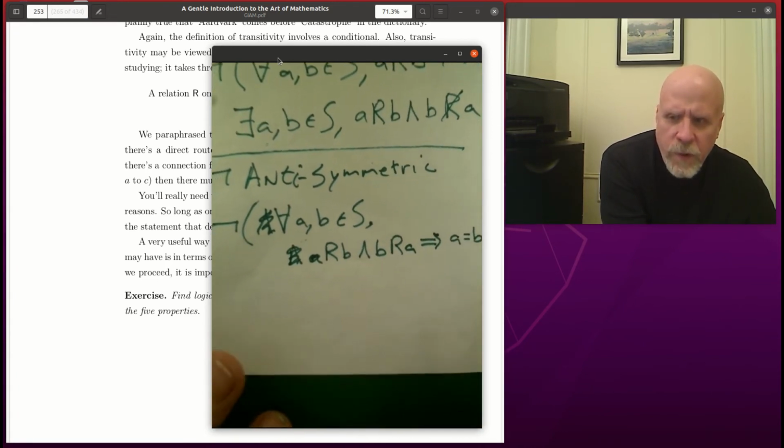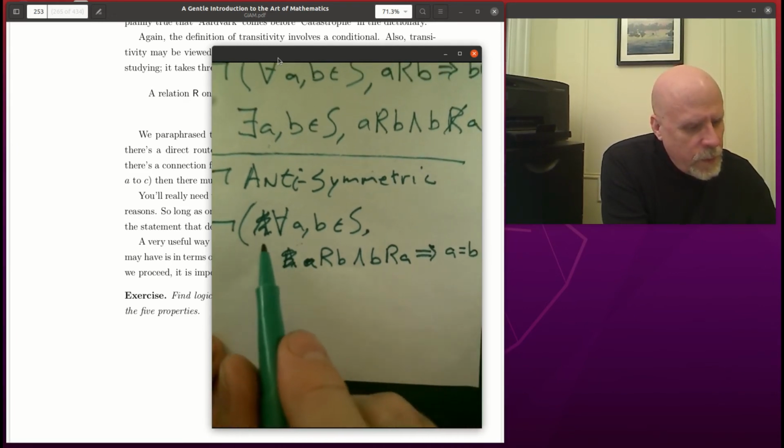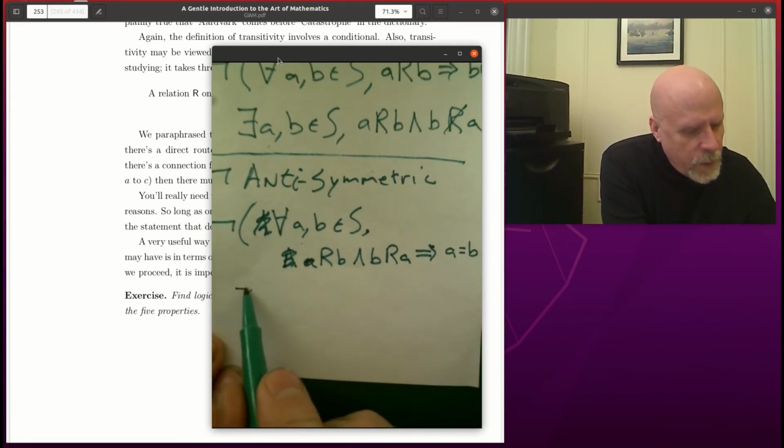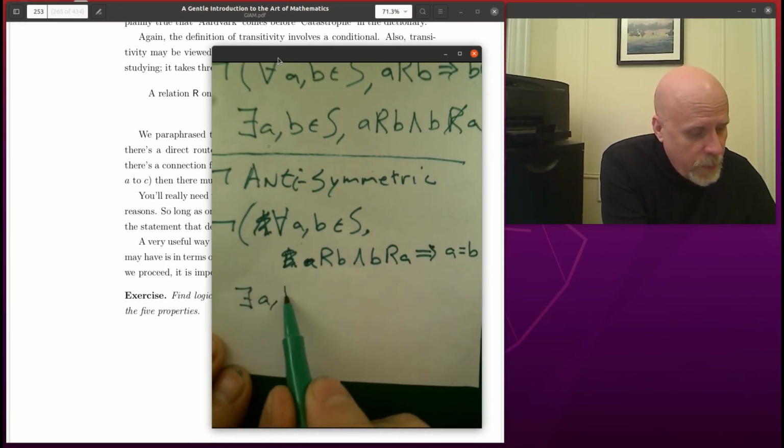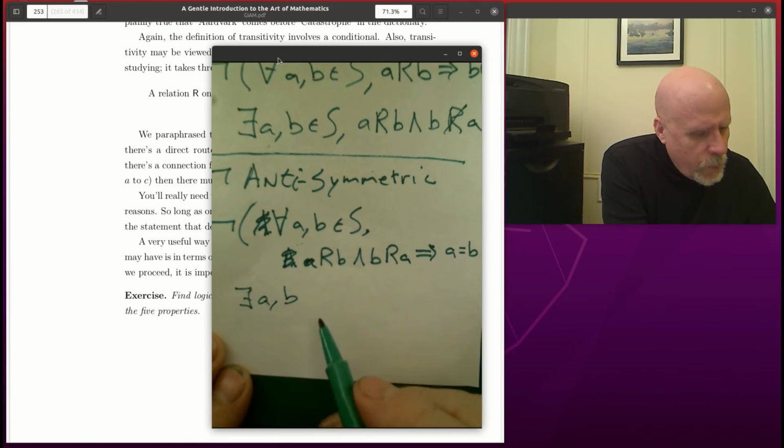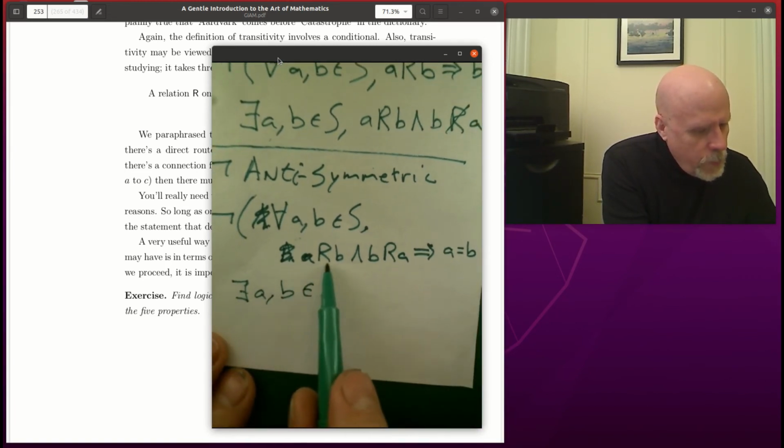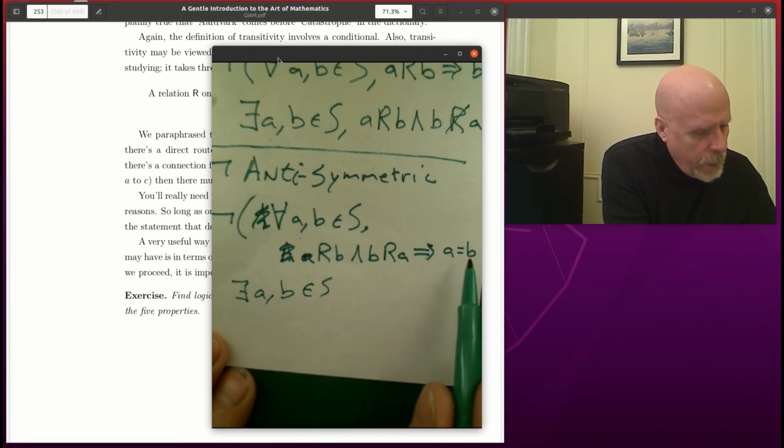Well, that's actually not so hard to negate because, again, the universal becomes an existential. There exists an A and there exists a B. You can still work those together. This would be true, and that would not be true.